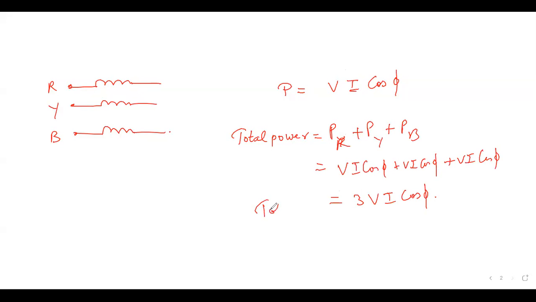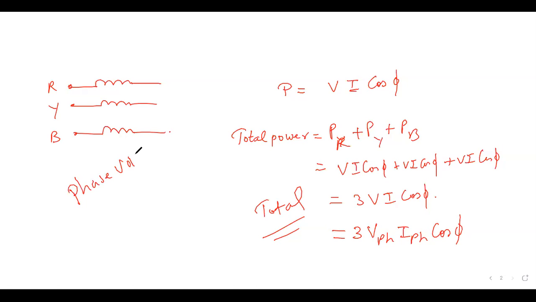Okay, so this is about the total power. We are talking about instantaneous power. Now when we are taking these powers, we are taking V phase and I phase into cos phi. So we are talking about phase voltage and line voltage.